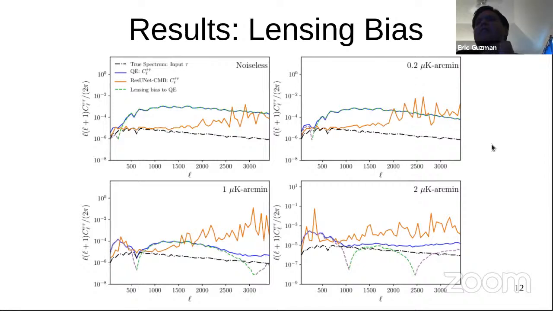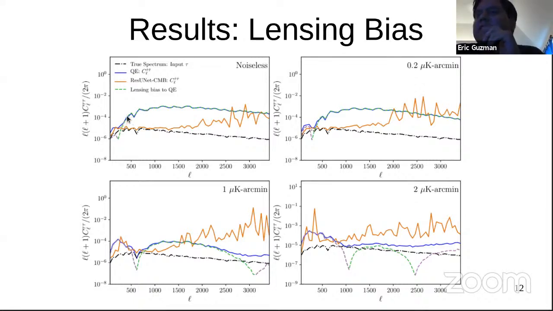And so this is just another way to see that the ResUnet CMB is not exactly affected by the bias in the low L or the large scales, where the orange curve is the ResUnet CMB and the blue curve is the quadratic estimator.